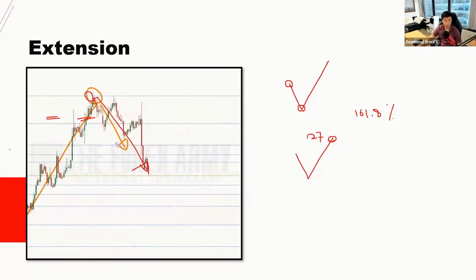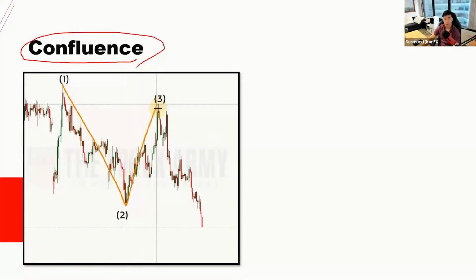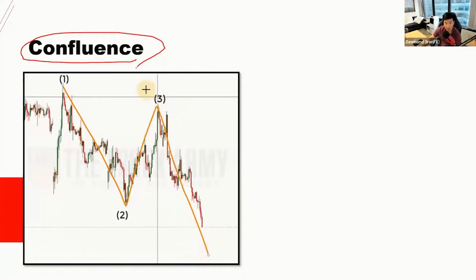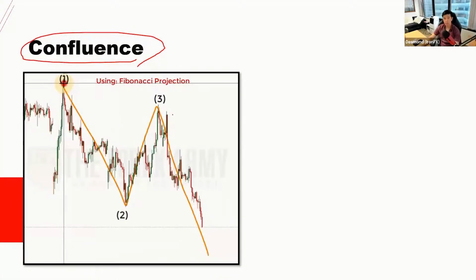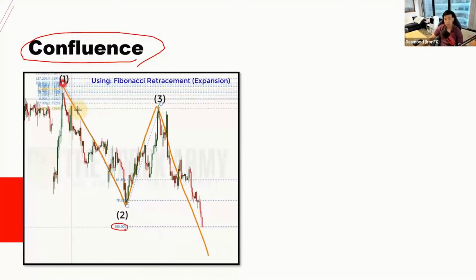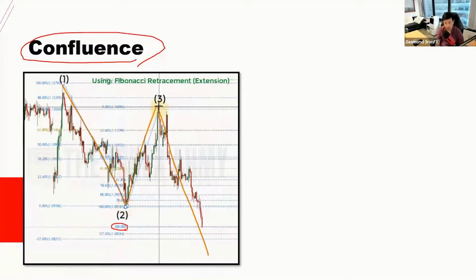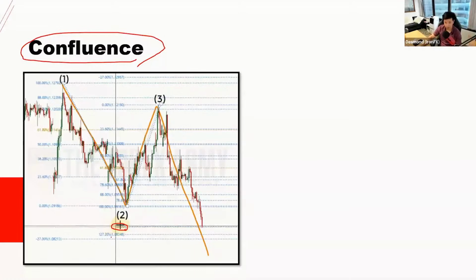How we're going to use that is this concept called confluence. So as you can see, we can start with the Fibonacci projection, 100%. We can start the Fibonacci retracement, expansion, extension, and we found 1, 2, 3 reasons why price might bounce off this area.